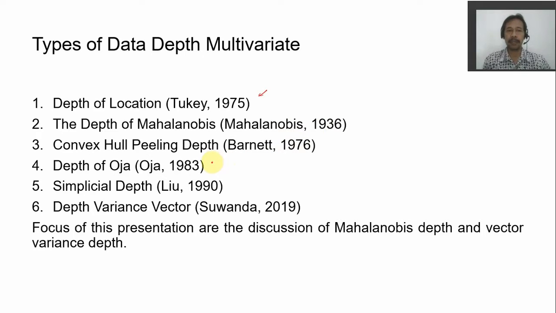Then the convex hull peeling depth, introduced by Barnett, the depth of Oja, the simplicial depth defined by Liu, and lastly, the variance factor depth, which was introduced by our team. In this presentation, we discuss the comparison between Mahalanobis depth and variance factor depth.